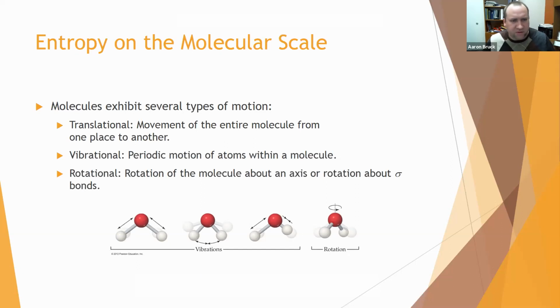But Boltzmann said, you know what, there's actually more than one type. So when I give energy to a reaction system, or if I give energy to a substance, I'm not just going to see those molecules flying around faster. Yes, that's going to occur, but there are other ways that we can get motion. And one of those modes is vibrational energy.